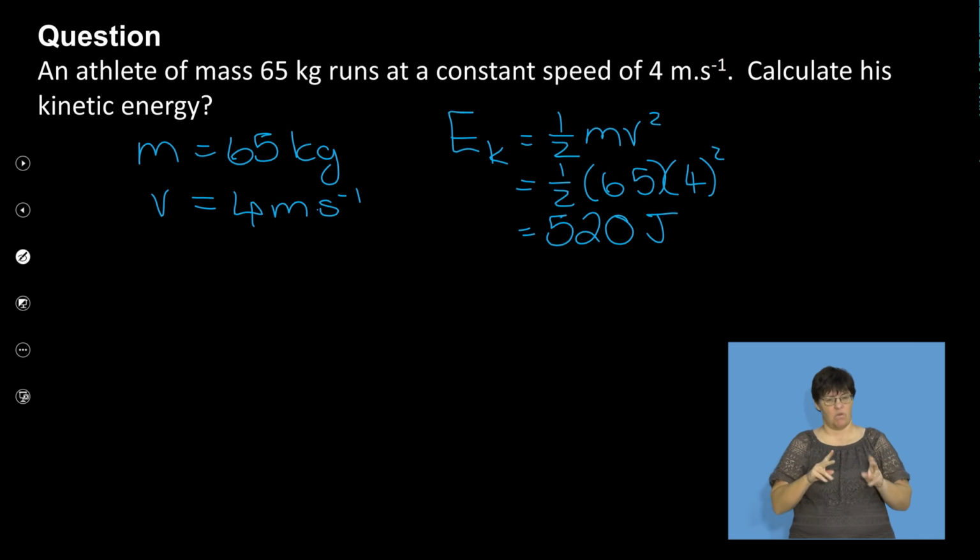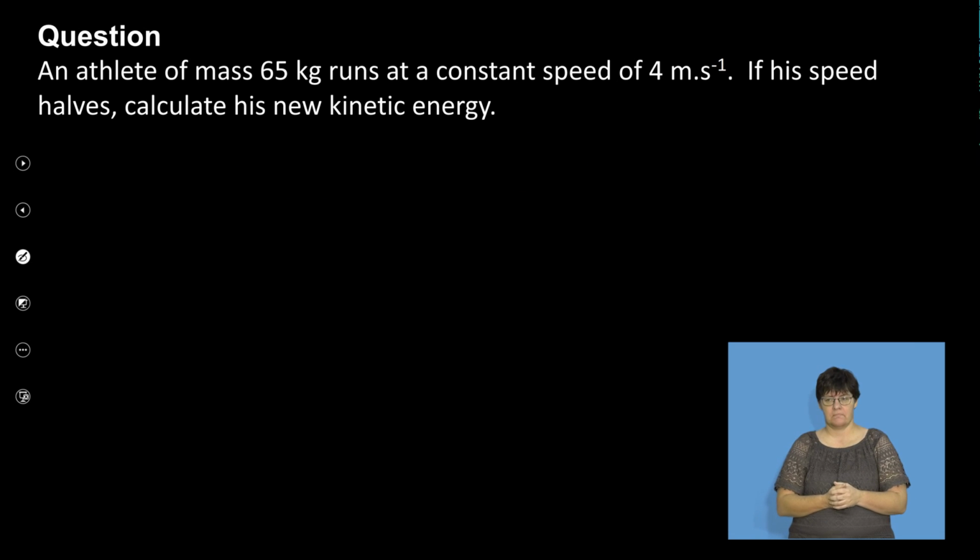I'm okay with that. Now they say his speed halves. And then they want you to calculate his new kinetic energy. This is different than the question we did earlier with the potential, because that question said, how does the potential change? Here, they want you to calculate his new kinetic energy.